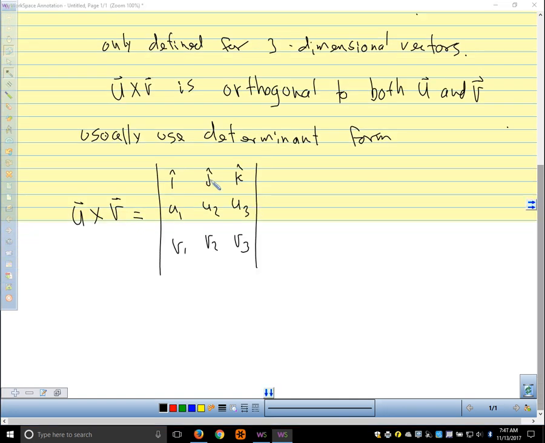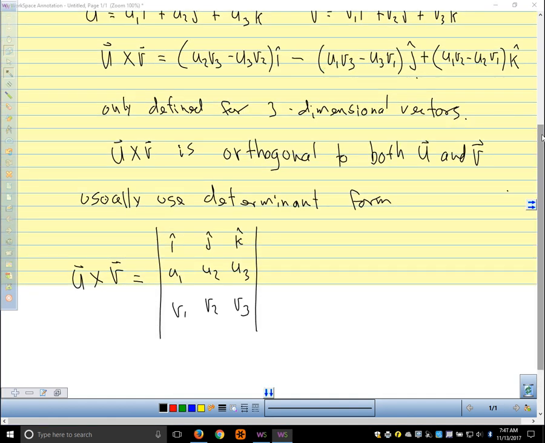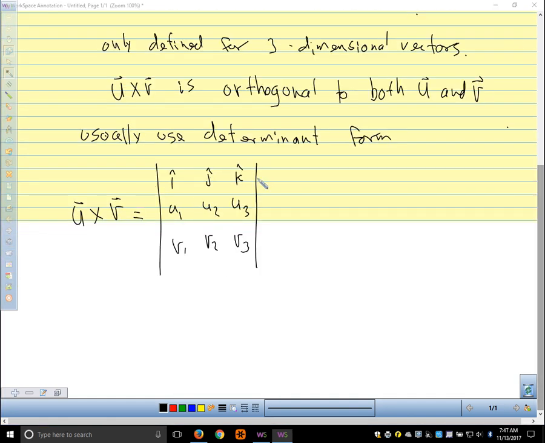We remember that the second term is negative. It's always negative. And then we cross out this column and this row, and we do u1 times v3 minus u3 v1. And then we do the plus k hat, cross out that row and that column, and do the determinant of that 2 by 2 matrix.